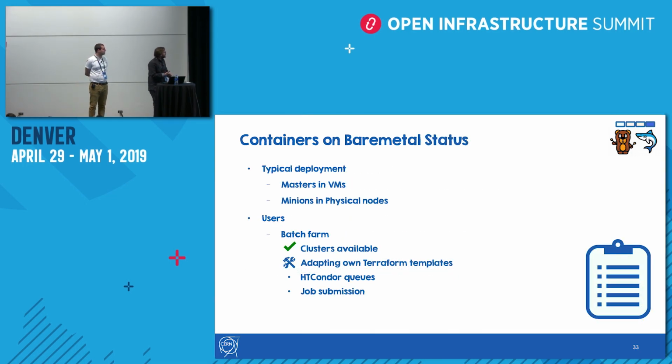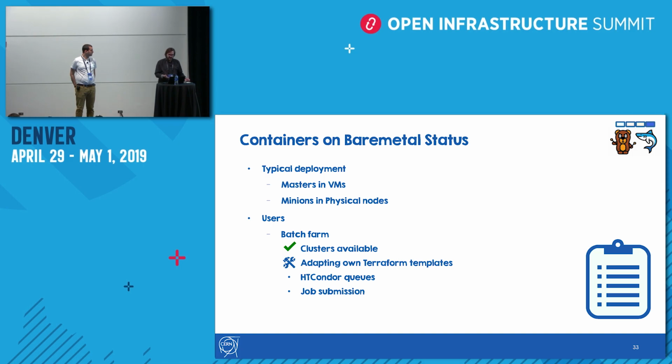So again, the user of this service is the batch service, which is the most compute-intensive workloads that we have at CERN, apart from the trigger farms, and they are leveraging mostly clusters with physical workers to orchestrate HT Condor, which is a batch system from the 90s, but they are also investigating other ways of submitting jobs either directly to Kubernetes or through Condor.